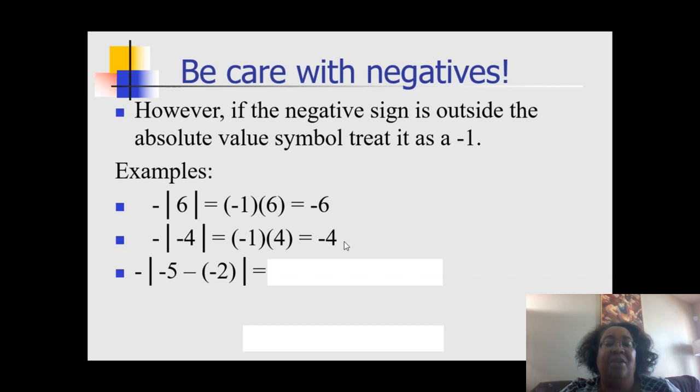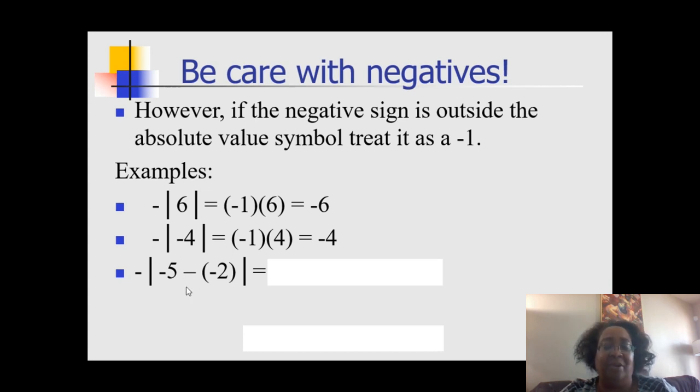Now, in this particular absolute value equation, we need to evaluate what's inside the absolute value. What you want to do is treat it like it's a parenthesis. So you want to take care of that first so it's not so messy. Think of it as a parenthesis, something that you need to go to right away. But because there's a negative on the outside, think of that together as a multiplication when you're doing your order of operations. So inside the parentheses, we have -5 minus a -2.